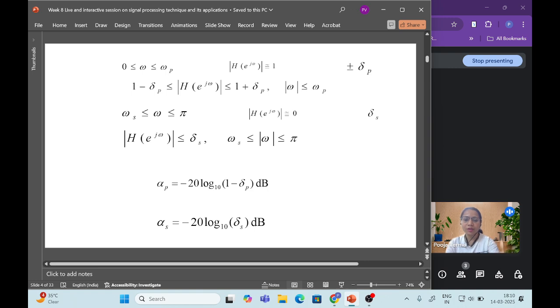So here is the description: the pass band frequency belongs to 0 to omega p.